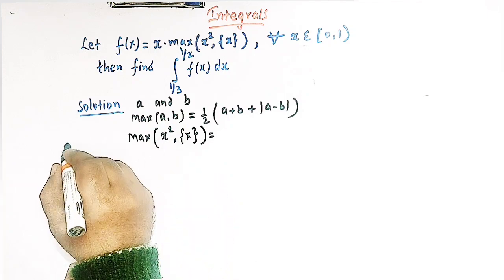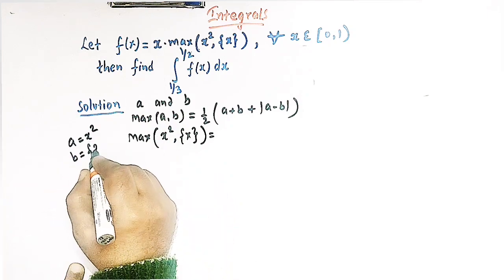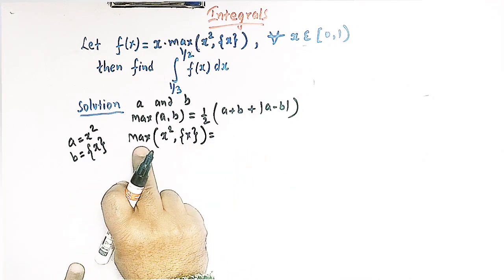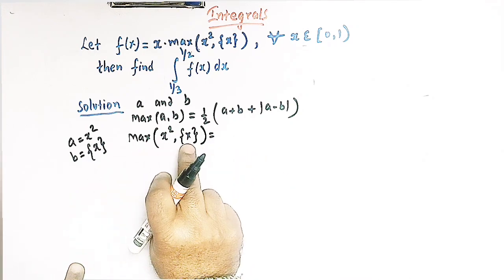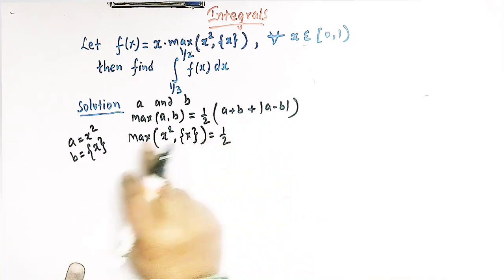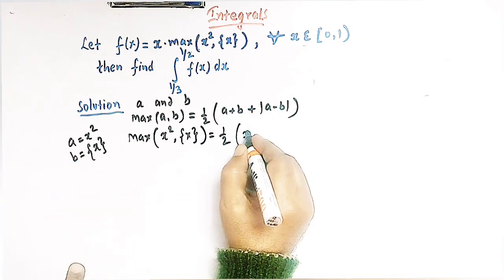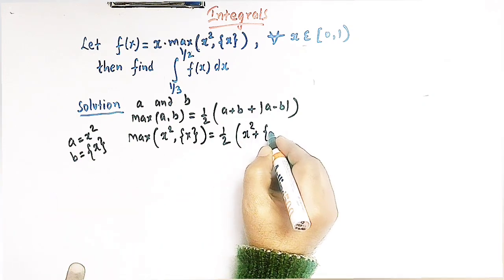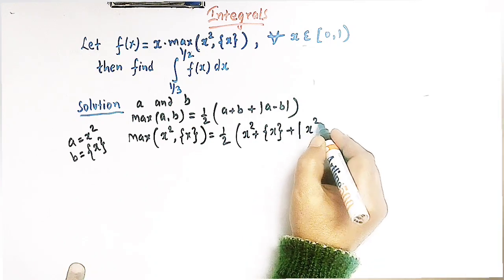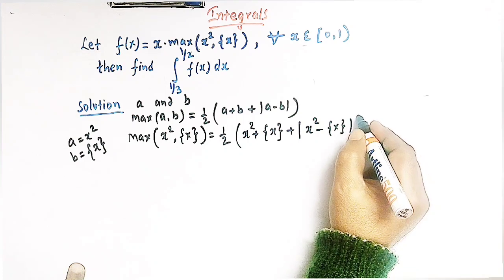If we take A equal to x squared and B equal to the fractional part of x, then the maximum of x squared and the fractional part of x is given by this expression, substituting the values of A and B. So here we have x squared, then the fractional part of x, and then mod of (x squared minus the fractional part of x).